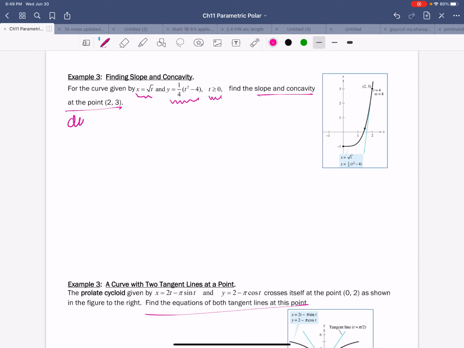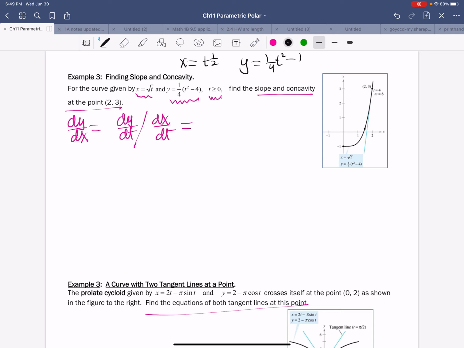So let's go ahead and find dy/dx, which is dy/dt over dx/dt. I'm just going to write x is equal to t to the power 1/2, y is equal to 1/4 t squared minus 1.